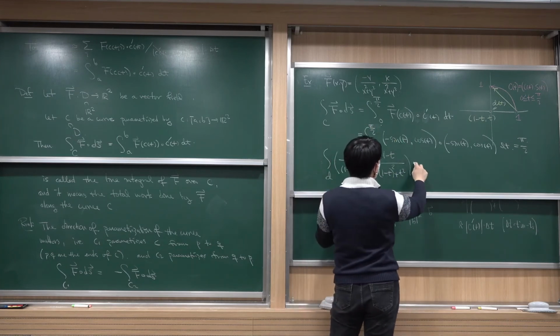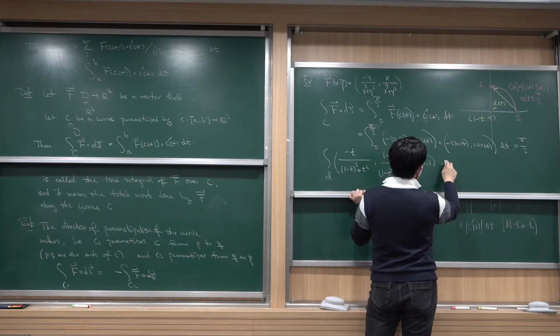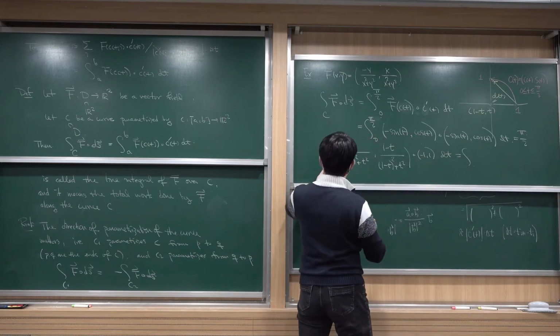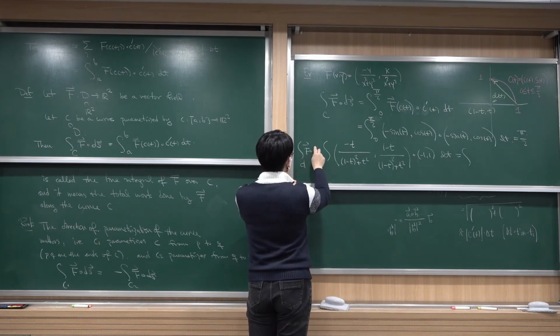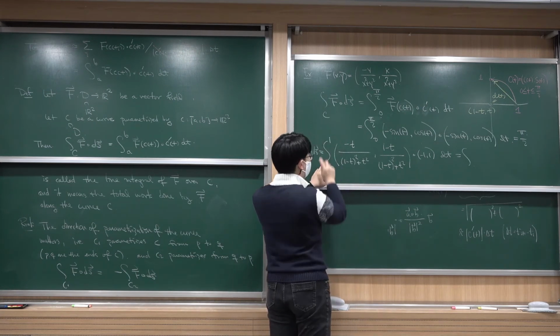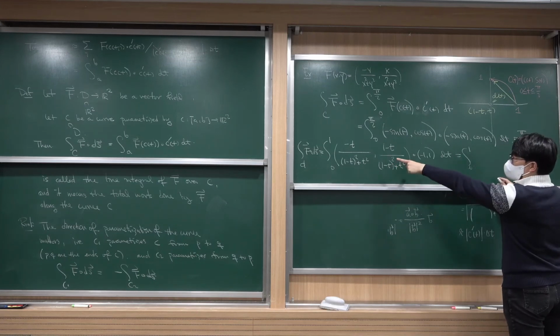That's f, and then the inner product with (minus 1, 1) dt. So the line integral is from t from 0 to 1, right? We get the integral from 0 to 1 of the sum of these two.